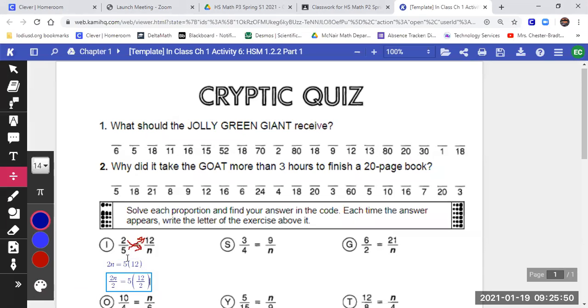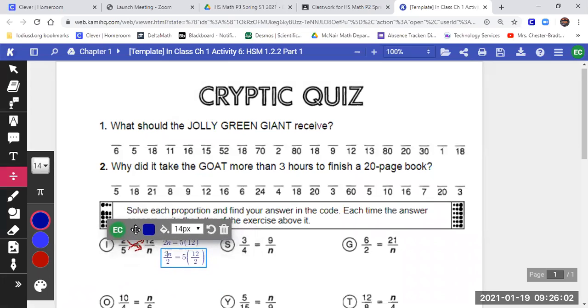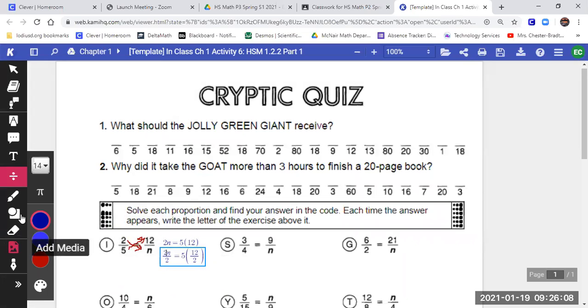Sure, but does 5 divide by 2 evenly? No. So whenever I'm looking at what I have to divide by, I need to look at which one will divide evenly. I don't want to be dividing the one that'll make a decimal and things like that. Okay. All right, so we're going to solve this 12 divided by 2.